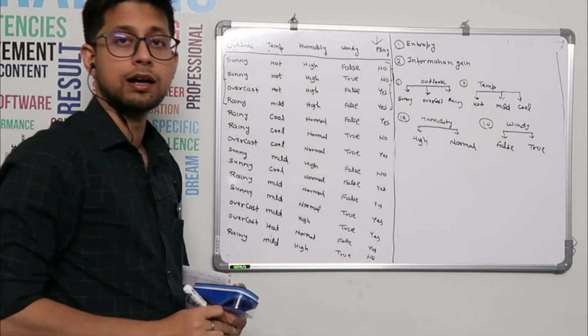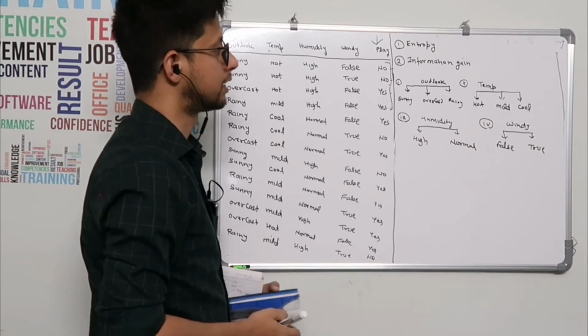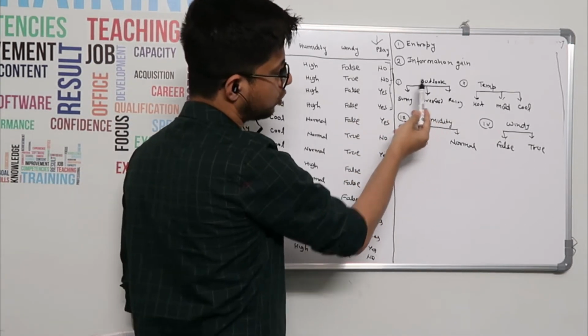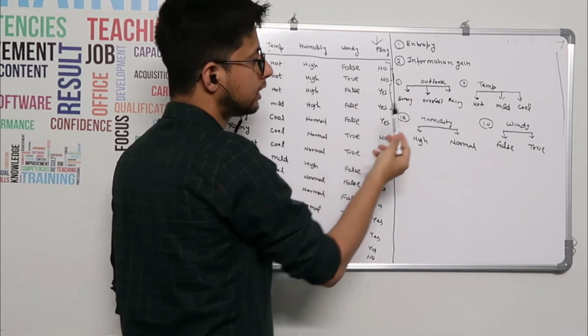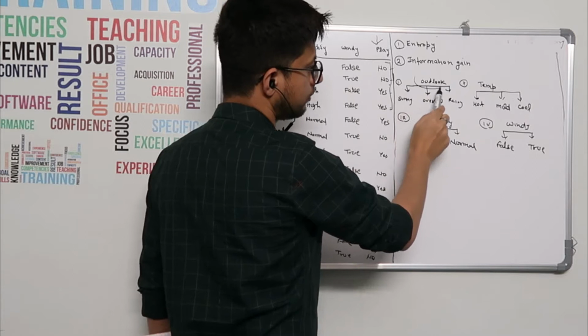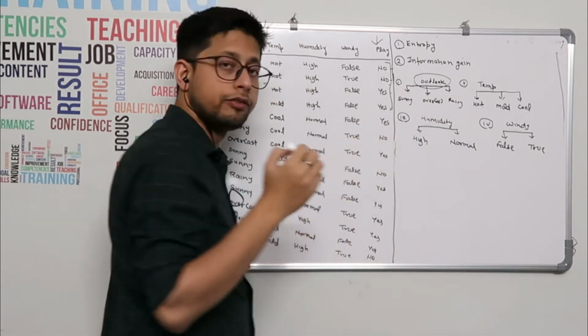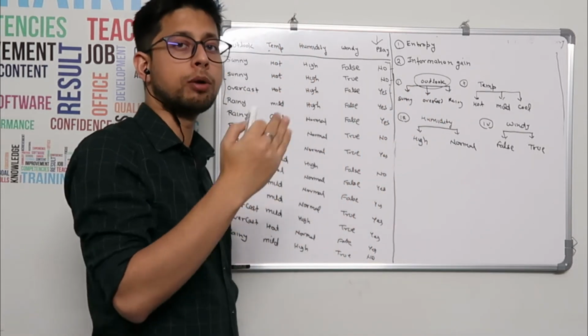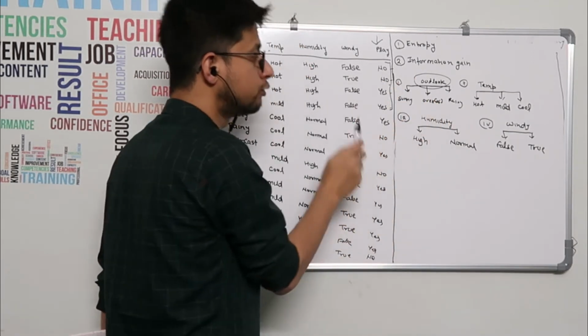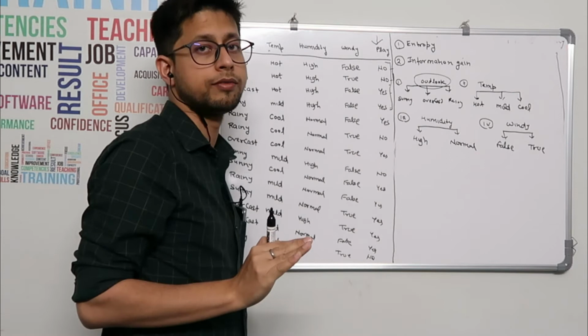But which one to start with? That is the question, so let's understand how. If we are splitting on outlook, then outlook will be the first node, and we have already split it. It means entropy will be reduced because the heterogeneity with respect to outlook will be removed, correct?